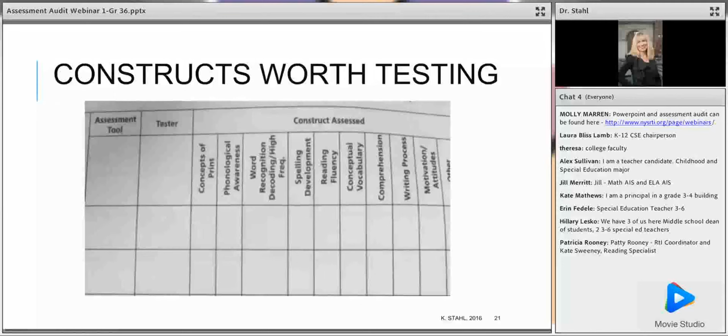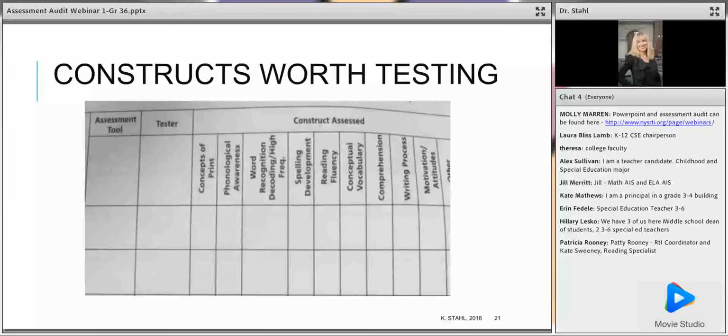On the form, it is unlikely in grades 3 through 6 that the teachers would still be assessing concepts about print and probably not phonological awareness, except those special ed teachers in your school probably have some tests on hand and will be doing these for children in special education in the upper grades who are still having problems in this area.